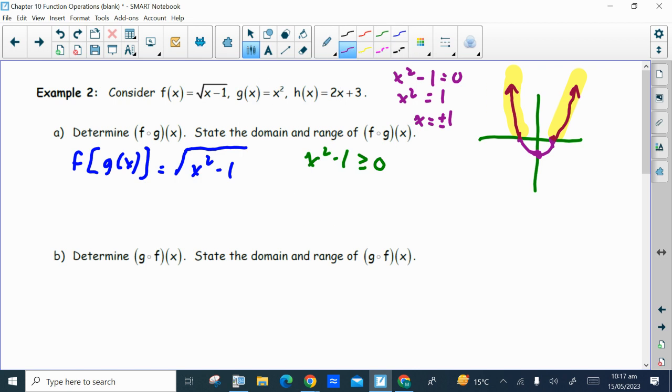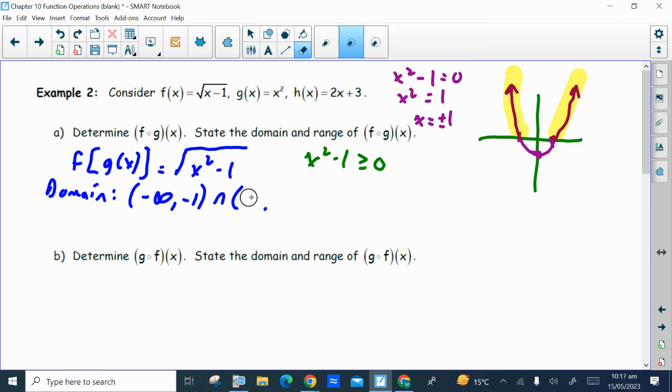And that's why the domain is x must be less than or equal to negative 1, or greater than or equal to positive 1. We can use interval notation: from negative infinity to negative 1, and from positive 1 to positive infinity.